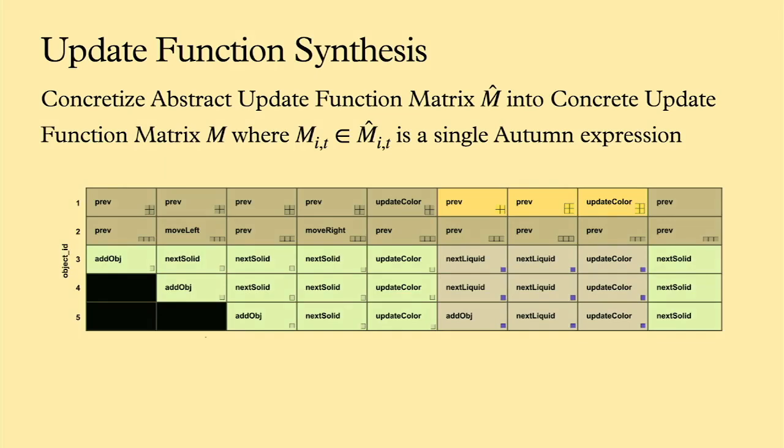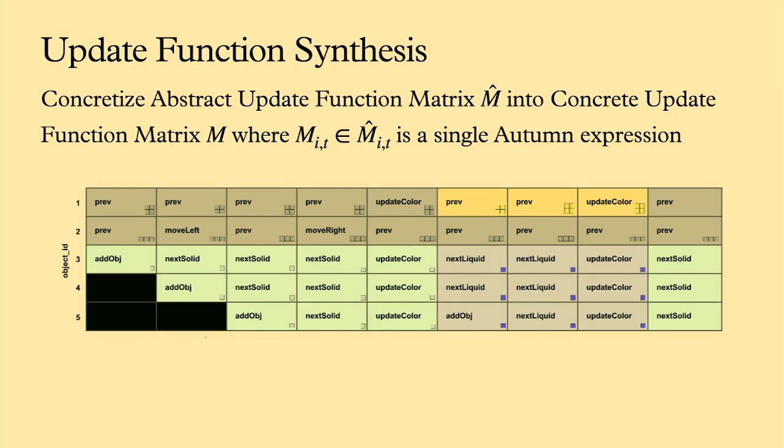Now we have this abstract function matrix, but ultimately we want to produce a concrete program that we can run and execute. So the next phase is to concretize this abstract function matrix into a concrete function matrix. The main obvious difference is that there's only one function in each cell.